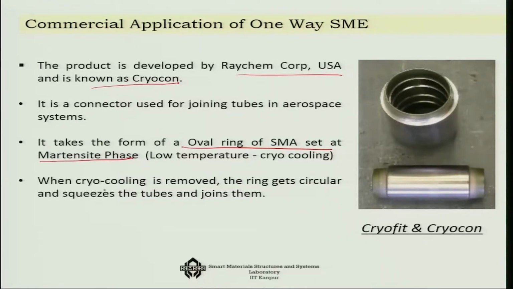Now when cryocooling is removed, that means from low temperature when you are coming back to high temperature, the ring gets circular and squeezes the tubes and join the two tubes. So it starts from an oval shape, you fit it, and then you remove the cryocooling and it fits the two connectors. So that is cryofit and cryocon system. So this is one of the effects of one-way shape memory effect.